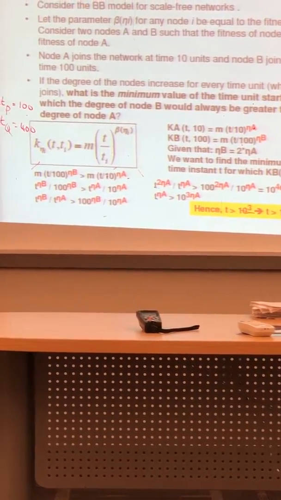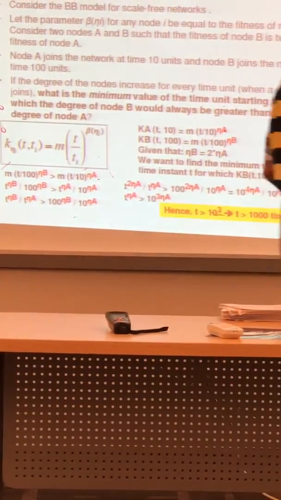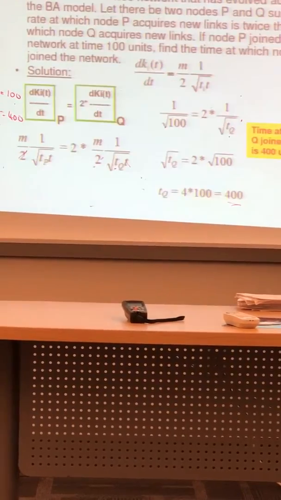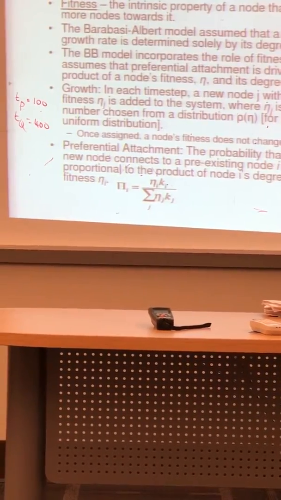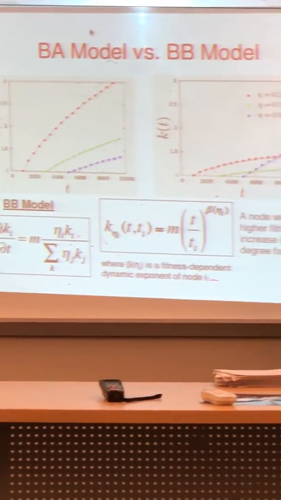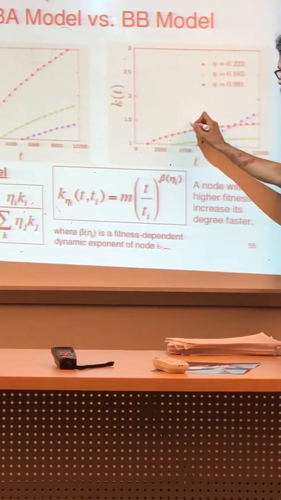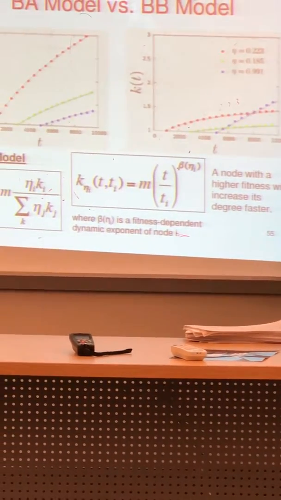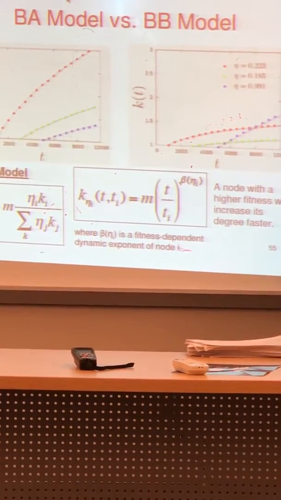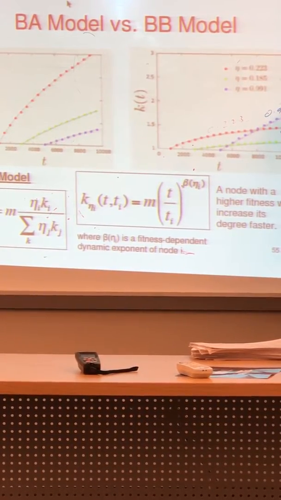A node might have joined earlier, but in this example the red node joined earlier with a fitness of 0.223, and the blue node joined much later, but its fitness is higher, 0.991.